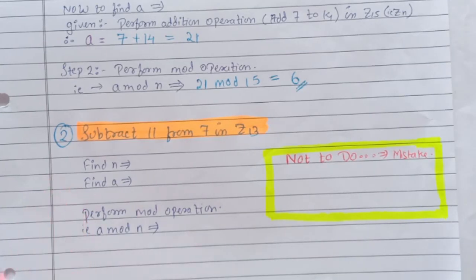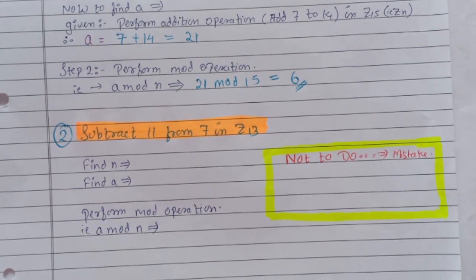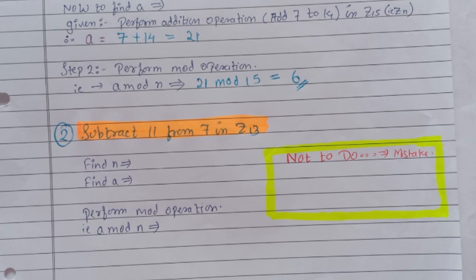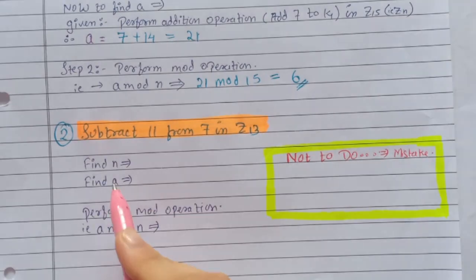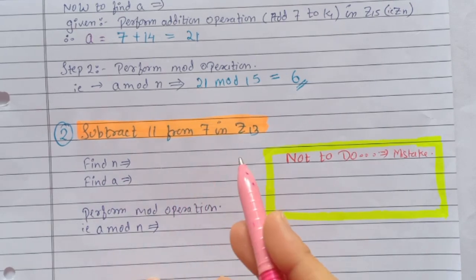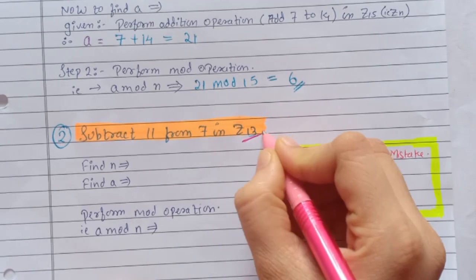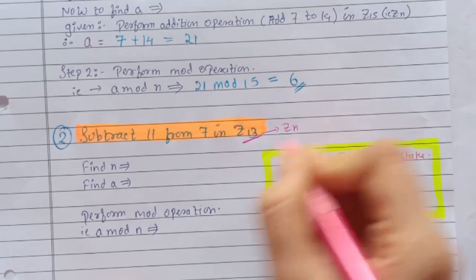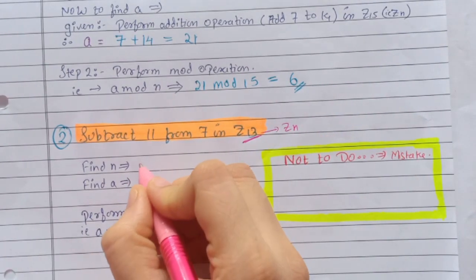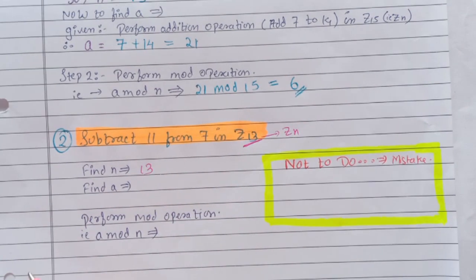Now we'll see the second example: subtract 11 from 7 in Z13. Firstly we have to find n. Comparing with Zn, we get n equal to 13. Now we have to find a.